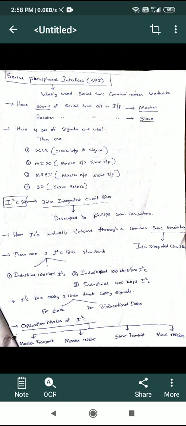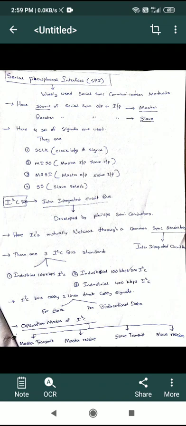They mutually network through a common serial synchronous bus, and that synchronous serial bus is called the I2C bus. The I2C bus has three standards: the first is industrial 100 kbps I2C, then industrial 100 kbps SM I2C, and the last is industrial 400 kbps I2C. The I2C bus carries two lines: one for clock and the other for bidirectional data.